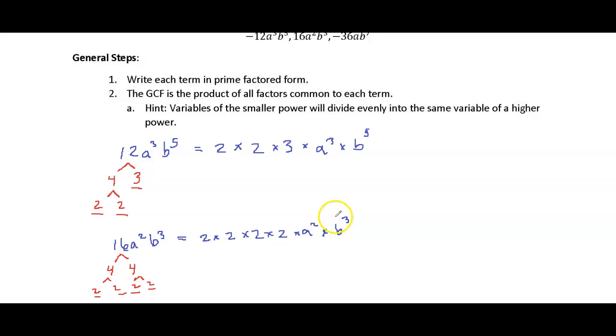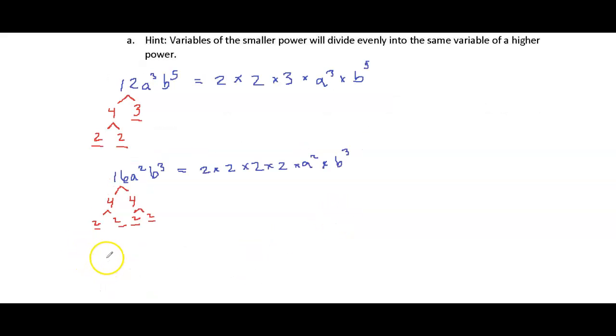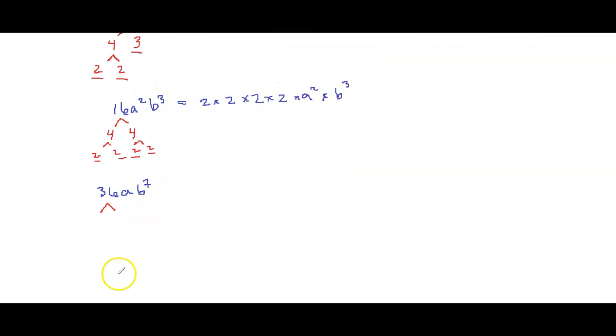Now let's take a look at negative 36ab to the seventh. Once again, I'm just going to think about 36. Once again, I'm going to use a factor tree to factorize the coefficient there, 36. 36 is 6 times 6, and 6 can be further factored to 2 times 3.